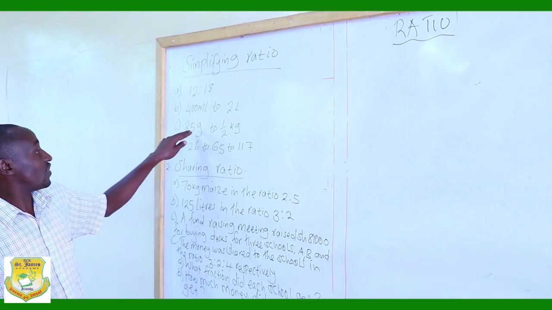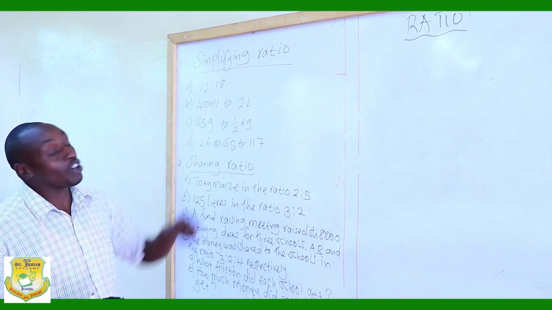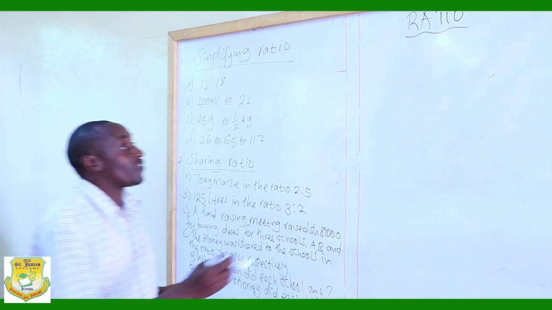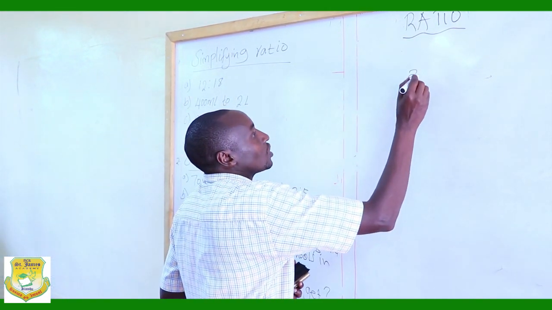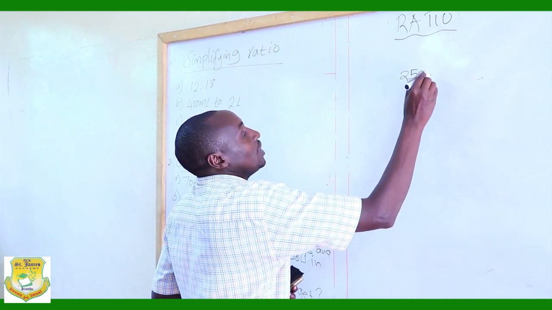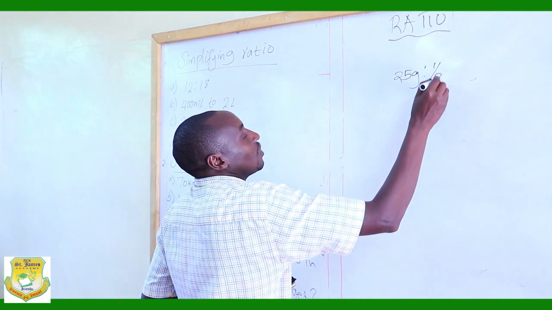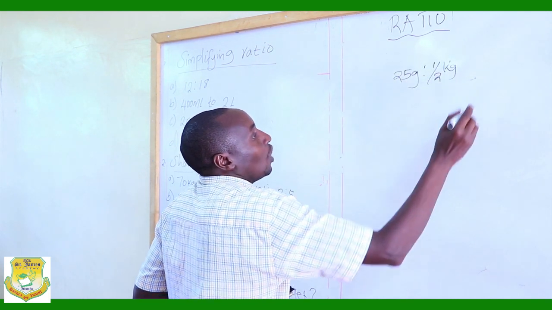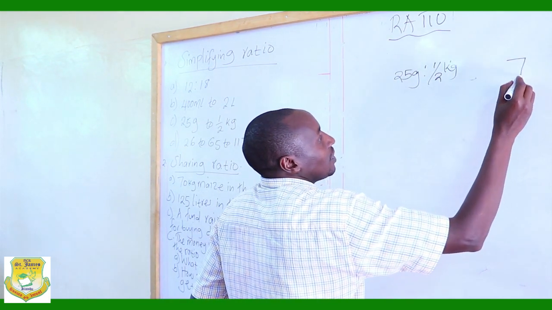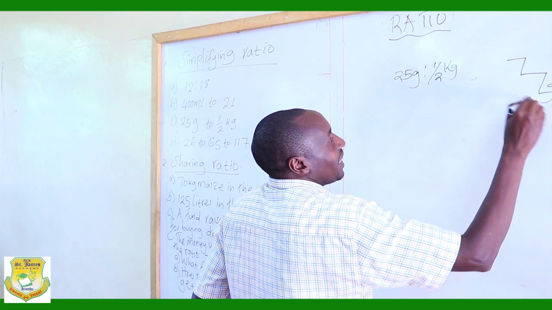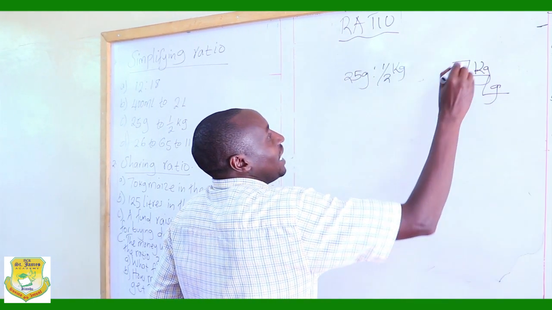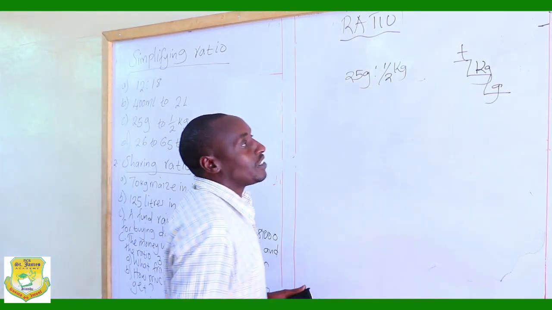We are given 25 grams is to half a kilogram. We draw our ladder there. Grams are there, kilograms are there, tons are there.